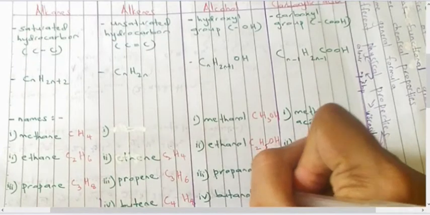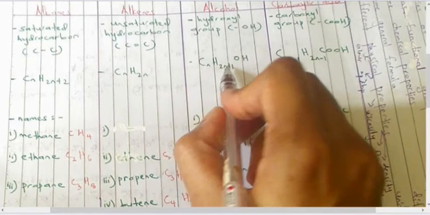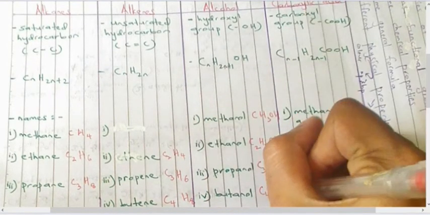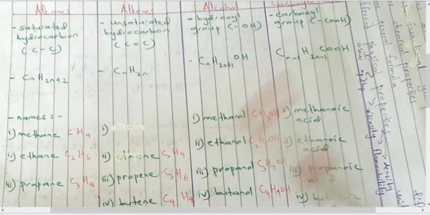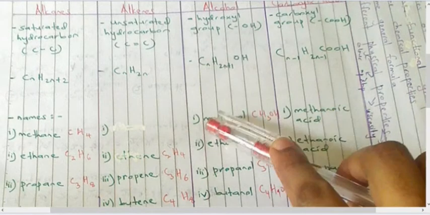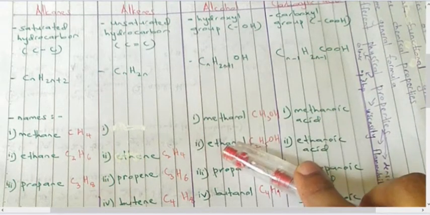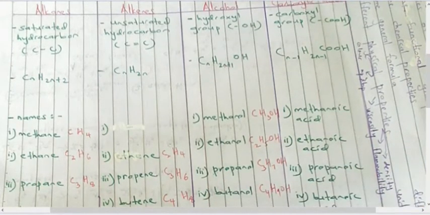Butanol is 4, so 2 times 4, 8 plus 1, 9, then OH: C4H9OH. The way you can remember this is: my ear paining badly. My is for methanol, ear is for 2 carbon ethanol, propanol is paining, and butanol is 4.